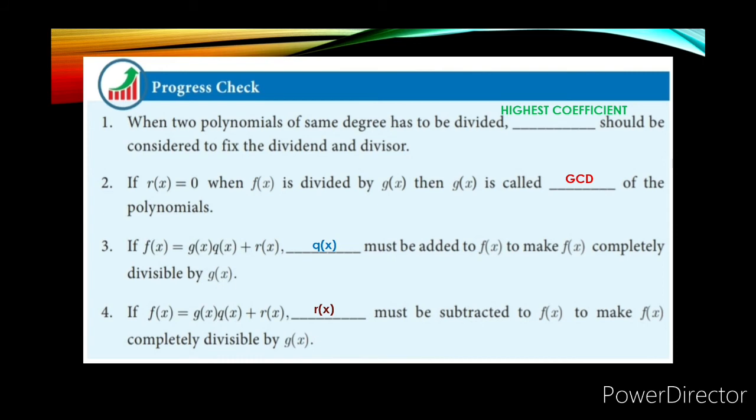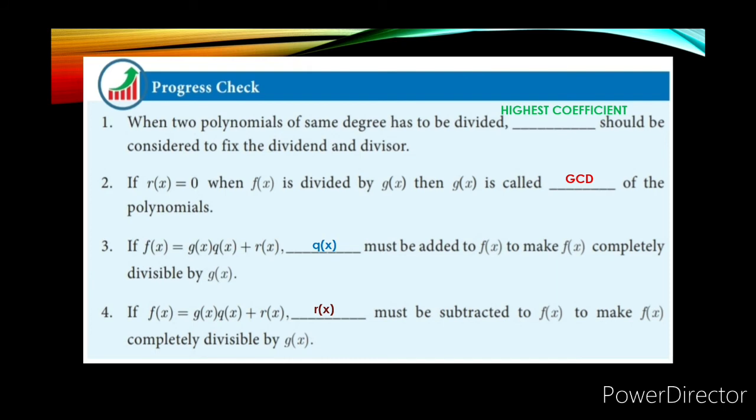Just now we saw this. If two polynomials of same degree has to be divided, dash should be considered to fix the dividend and divisor. So, which is considered to fix the dividend and divisor?